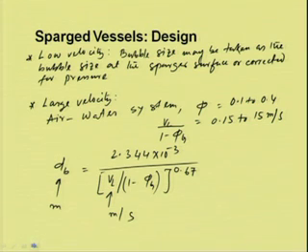Now, how can we calculate the mass transfer coefficient? Particularly in a gas bubble liquid system, the resistance is mainly in the liquid phase and the gas phase resistance is negligible.